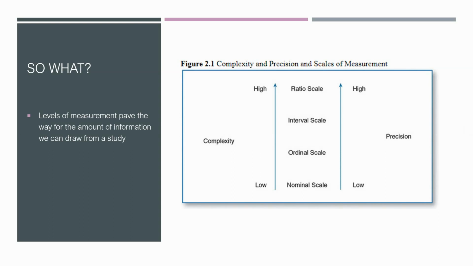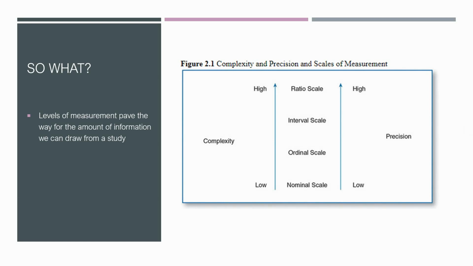If we limit ourselves to nominal or ordinal variables from the get-go, from the moment we conceptualize the study, run the study, and write up the paper, we can only make limited conclusions about those variables because we limited ourselves to using nominal or ordinal variables, right?